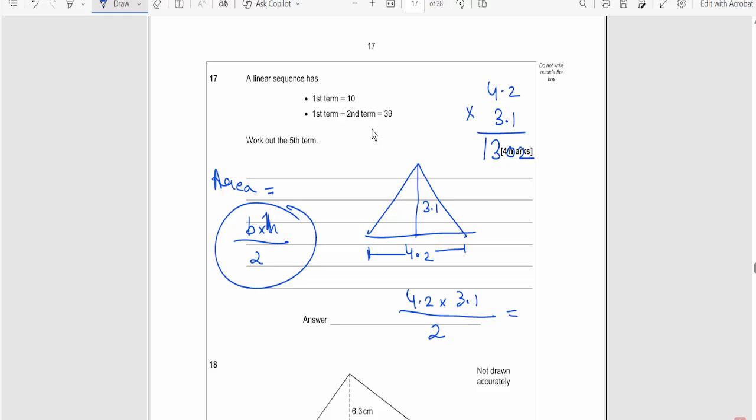Okay, that's correct. So now put the decimal. Where would you put the decimal in 1,302? Between 0 and 3. Yes. Now divide it by 2.